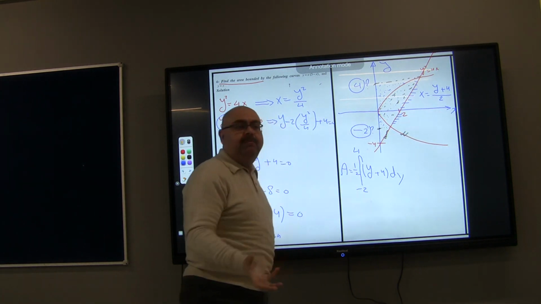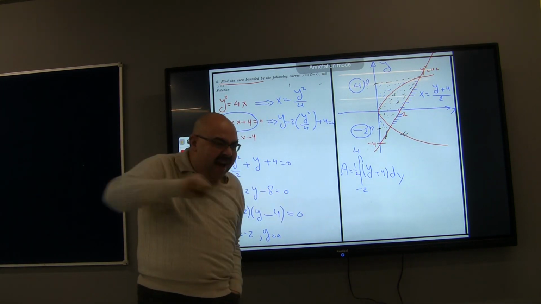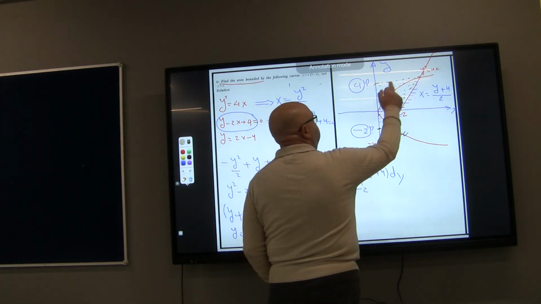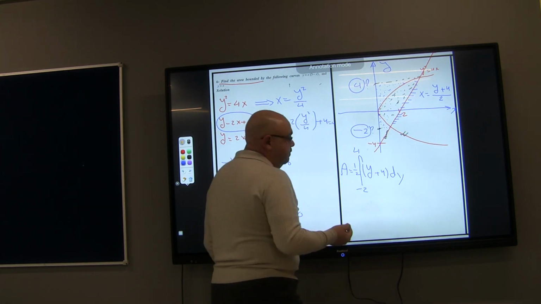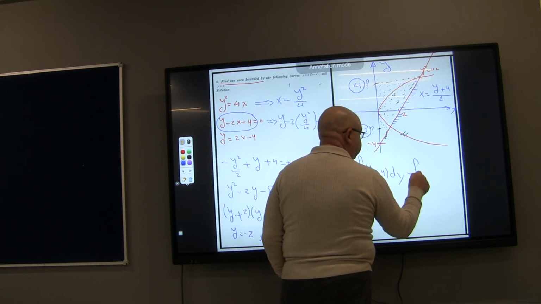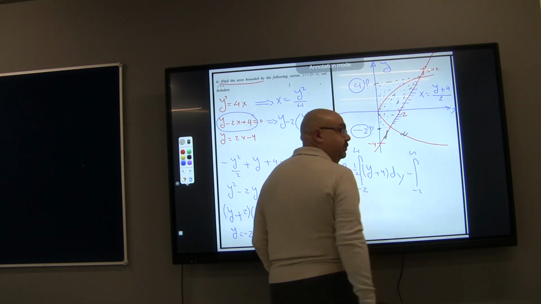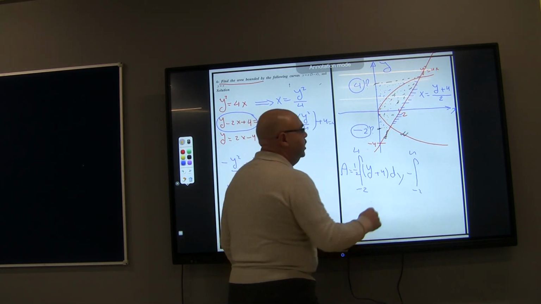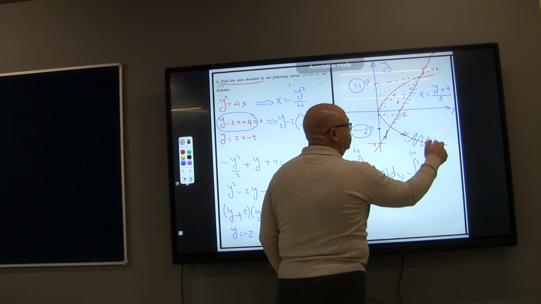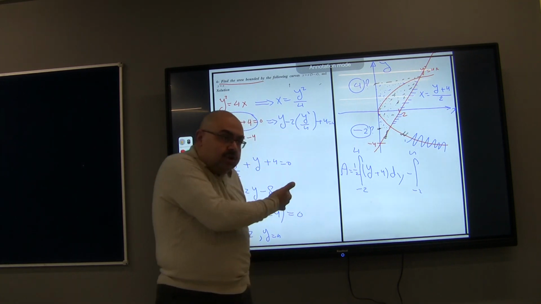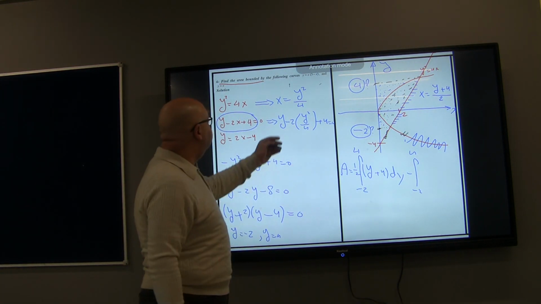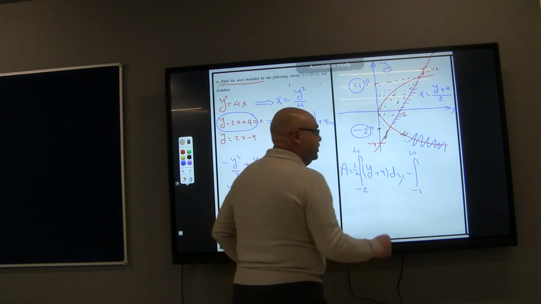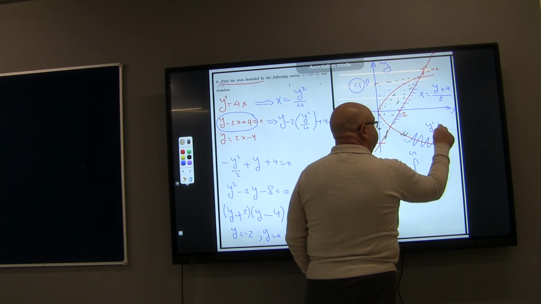This will give you the trapezoid. Then I will have to take out the area of the blue region, which is simply under the curve, minus the integration from -2 to +4. Where is the second curve? Again, get x as a function in y. You already have it: y square divided by 4.